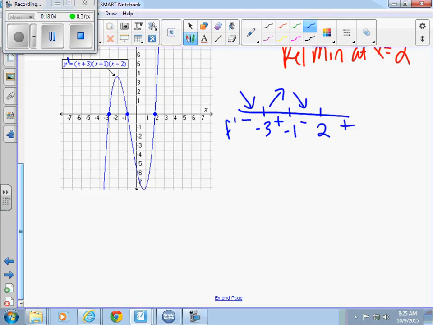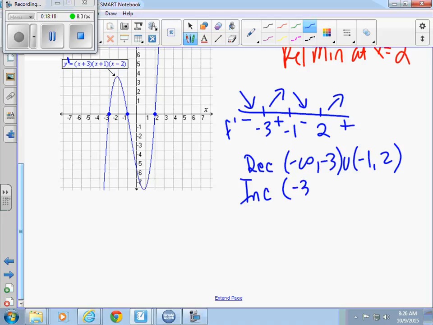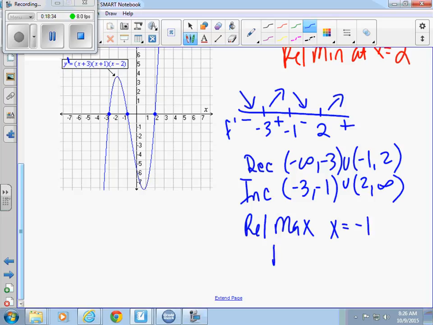Decreasing, increasing, decreasing, increasing. So we are decreasing from negative 3 to negative 1, and 2, increasing from negative 3 to negative 1, and 2 to infinity. Relative maximum at x equals negative 1, and relative min at x equals negative 3 and 2.